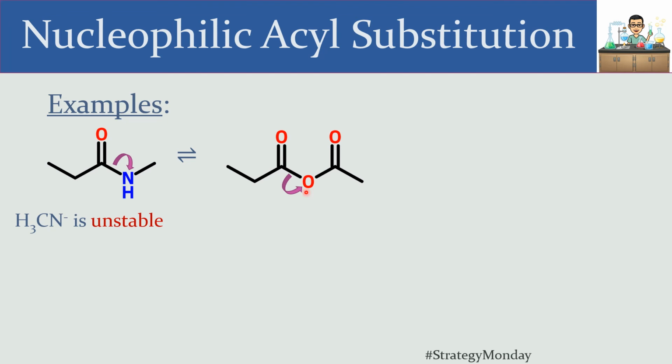But that oxygen doesn't have to keep its negative charge solely on itself. It can move through resonance to the oxygen next door. Because my leaving group is stabilized by resonance, that makes it more likely to leave. And remember, if this molecule is more likely to break apart, that means it's more reactive. We're going to point away from this molecule and towards this molecule instead. So our reaction favorability is going to favor the amide, and leave the acid anhydride alone, which means that the acid anhydride is quite reactive.